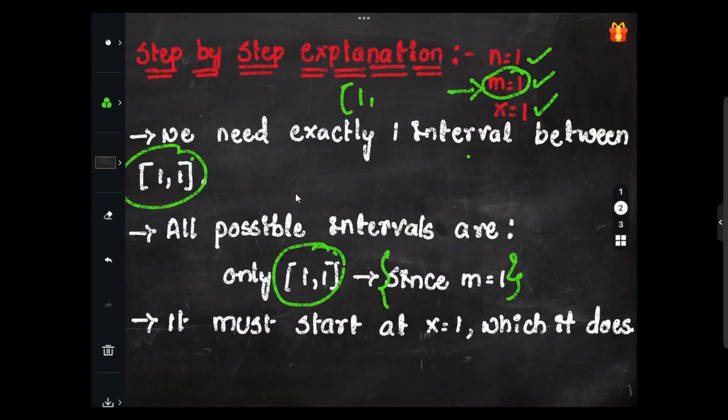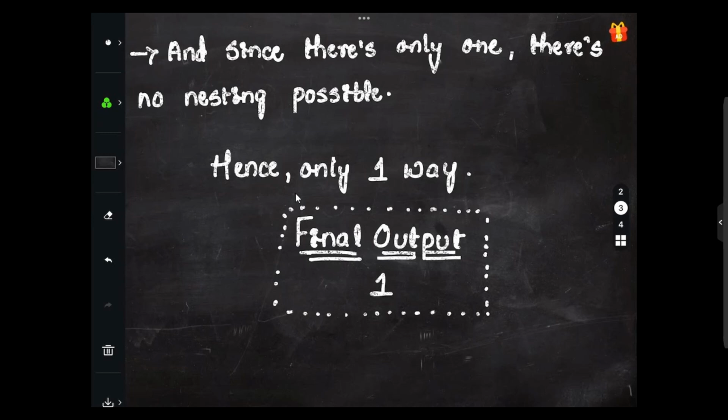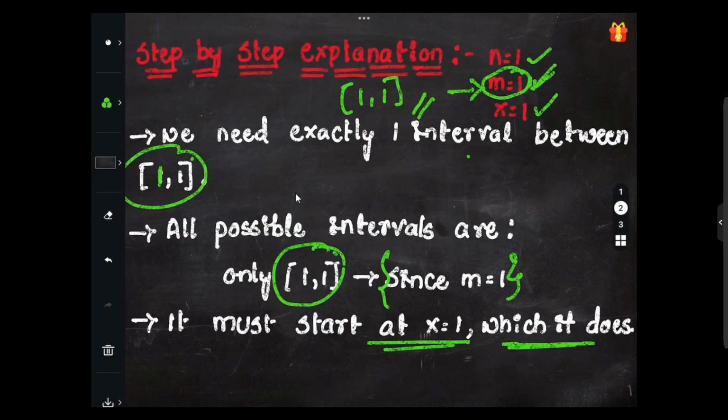So all the intervals would be 1 comma 1 itself, because it must start at x equals 1, which it does. Since there is only 1, no nesting is possible, and n we have been given 1 as well.